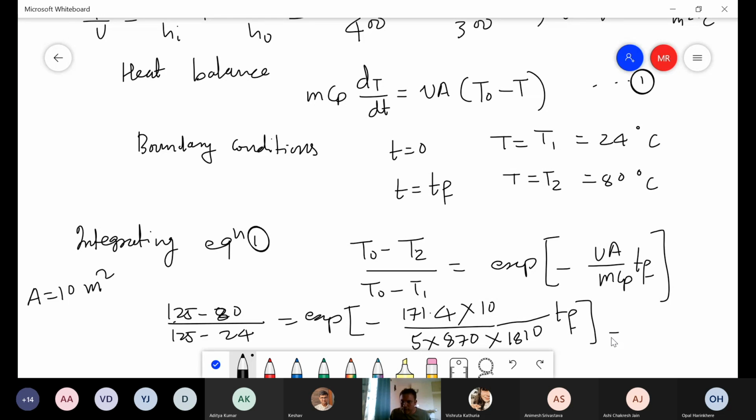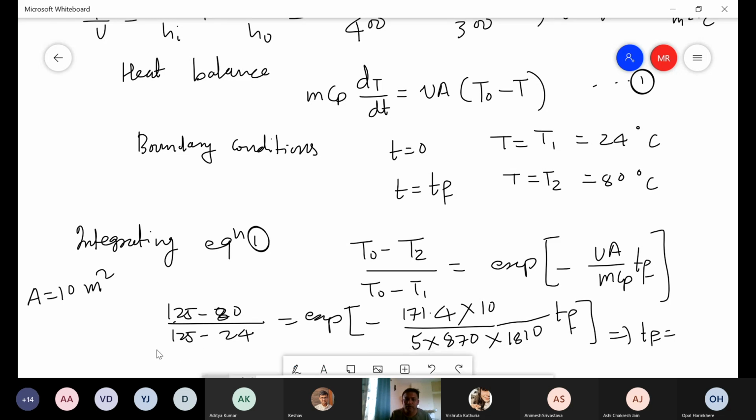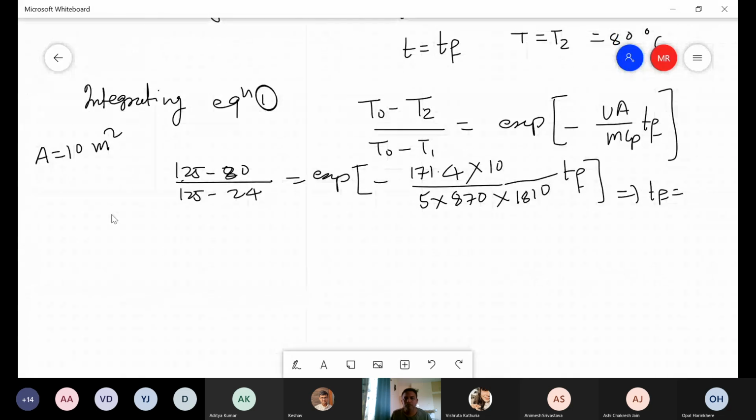So you can calculate the value of tf from this, that is the time required for increasing the temperature of the monomer from 24 degrees Celsius to 80 degrees Celsius. Is it correct what we are doing? Yes, sir. So tf comes out to be, anybody?